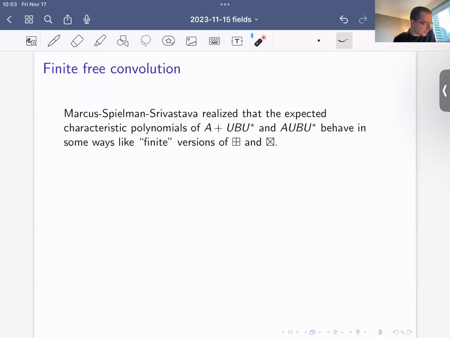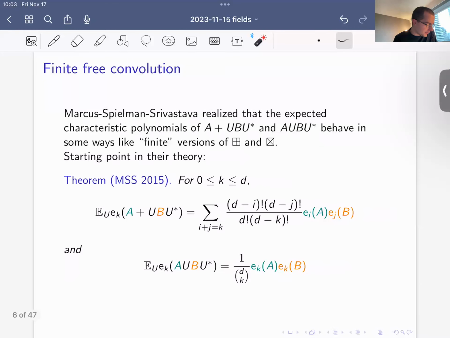Of course, it's very well known that at the level of average eigenvalues, these converge to these operations. But it turns out that the expected characteristic polynomials display some similar behavior at a finite level.